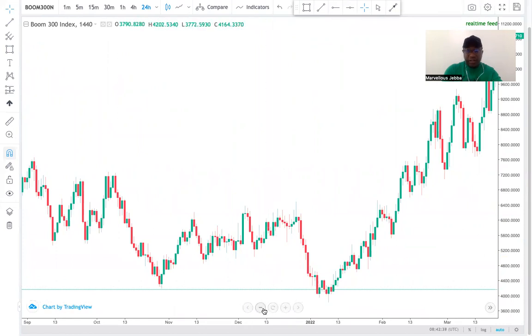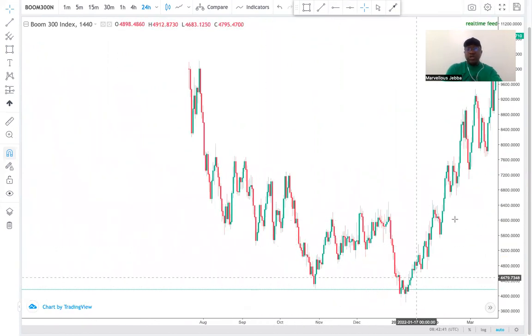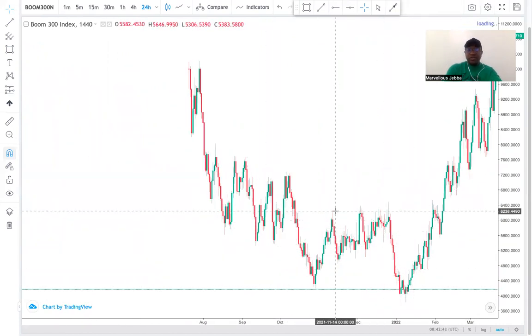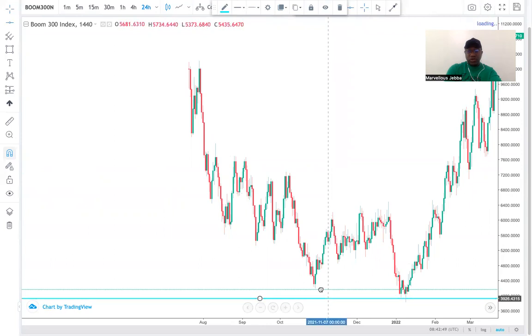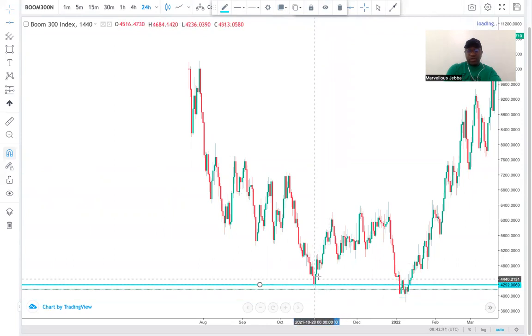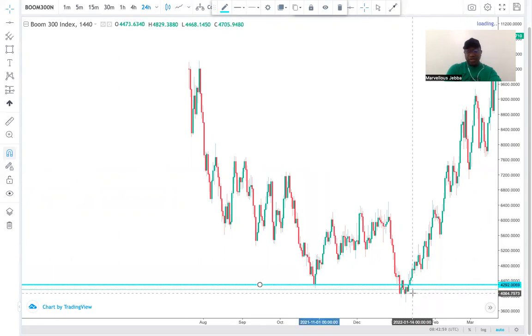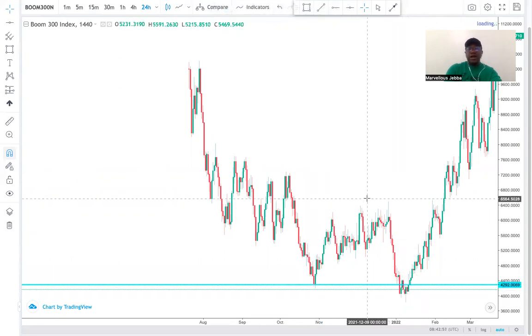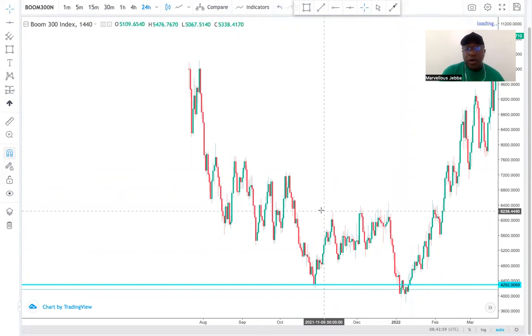Let's start off fresh. Looking at this market at this level, you will notice this is the lowest low of this market. This low was before this, so you have to mark this to identify this. Do you understand? And this was the last low.